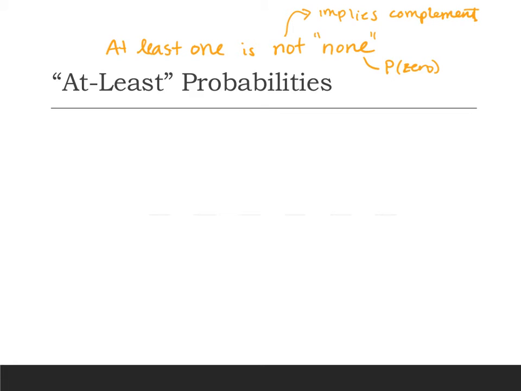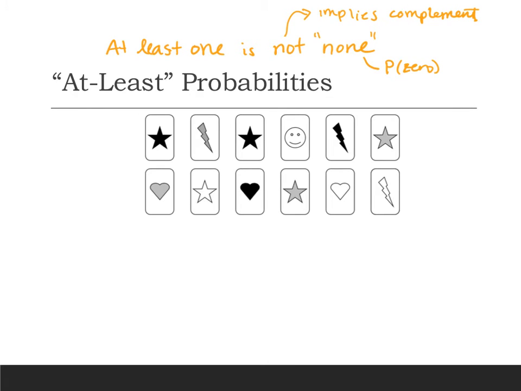And so let's take a look. I've got our cards. So if you've been watching the videos, you've seen these cards already. So let's say that I want to know the probability, I'm going to draw 3 cards with replacement, since I am dealing with independent things.